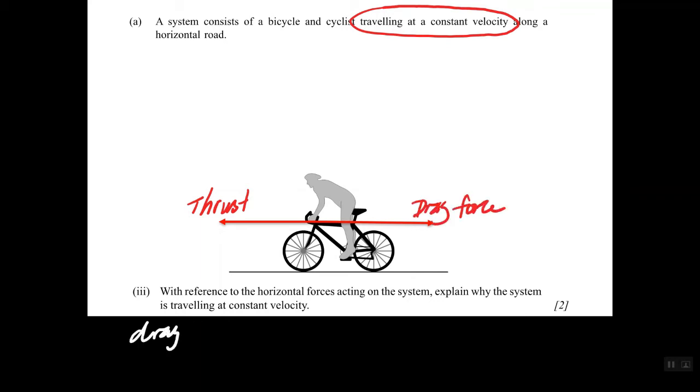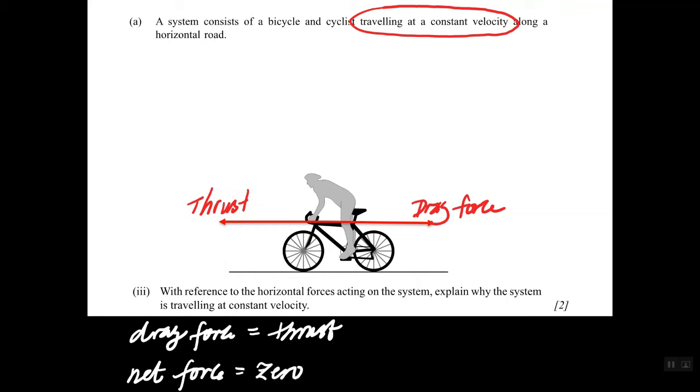So the drag force equals the thrust. That means the net force, which is drag force minus thrust, is 0. Which means the acceleration is 0. That implies the system is traveling at a constant velocity.